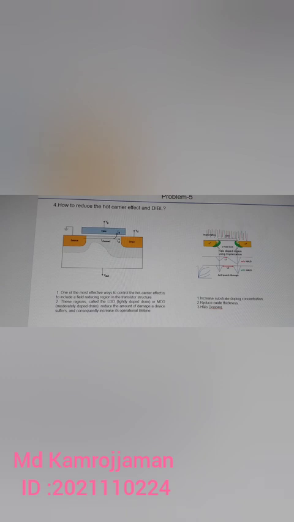This region is called LDD, lightly doped drain, or MDD, moderately doped drain. It reduces the amount of damage a device suffers and consequently increases its operational lifetime.